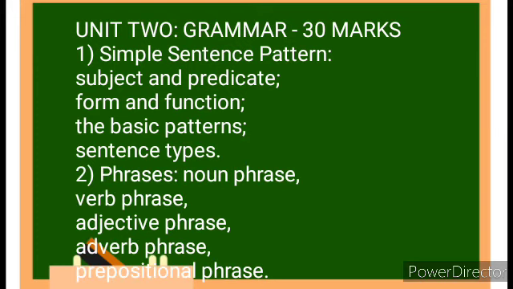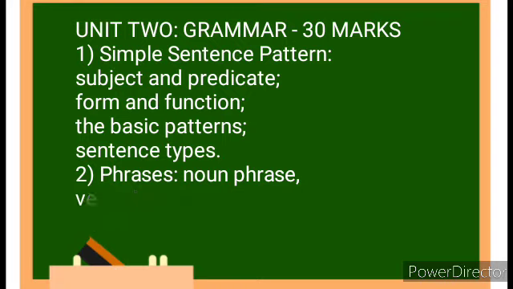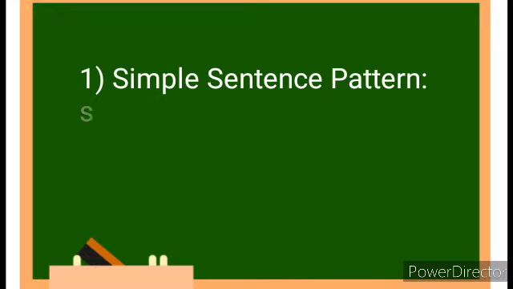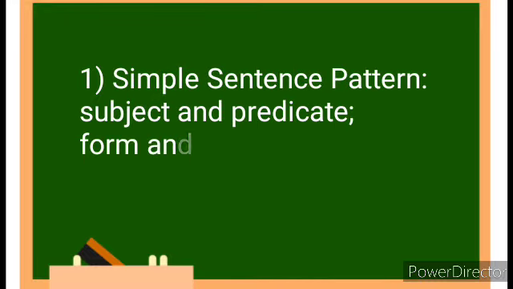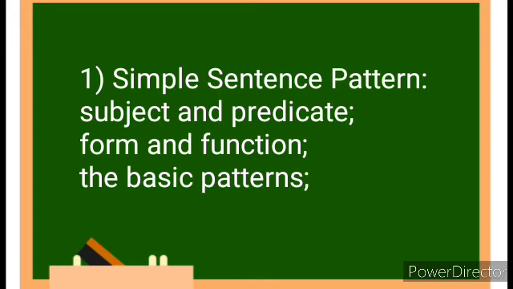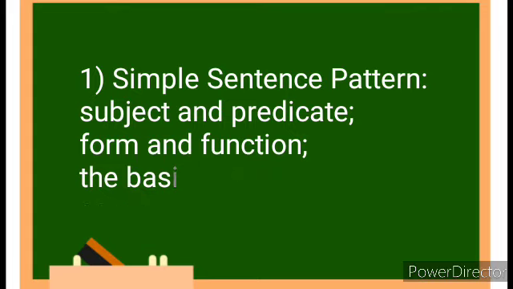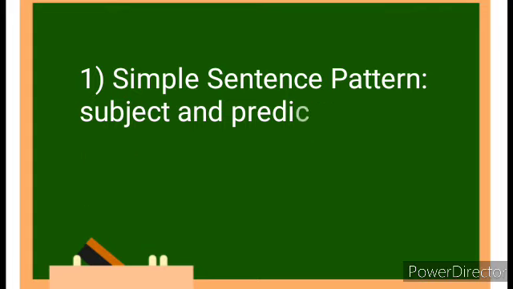Unit 2 of this paper is grammar, which is of 30 marks. It has two lessons. The first one is the simple sentence pattern. In this lesson, we will study what is a subject and predicate, what are the forms and functions, the basic patterns of the sentence, and what are the different sentence types.